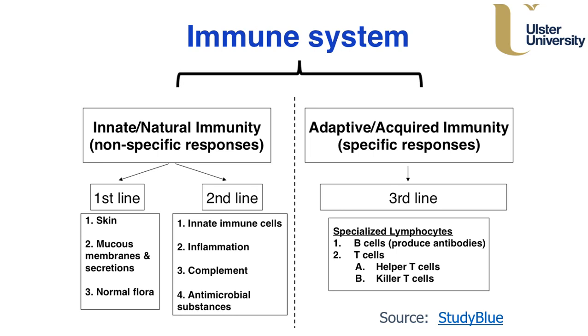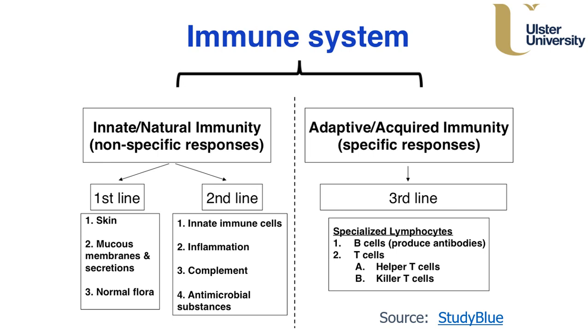And the inflammatory response and the complement will help the innate cells to destroy the pathogen. But we also begin to secrete antimicrobial substances such as interferon, and these are especially effective against viral infections that have managed to get themselves through the first line of defense.